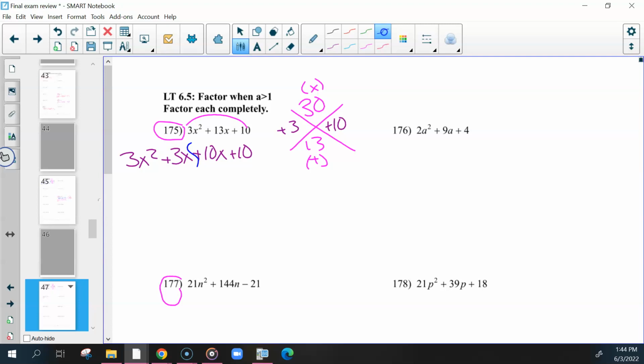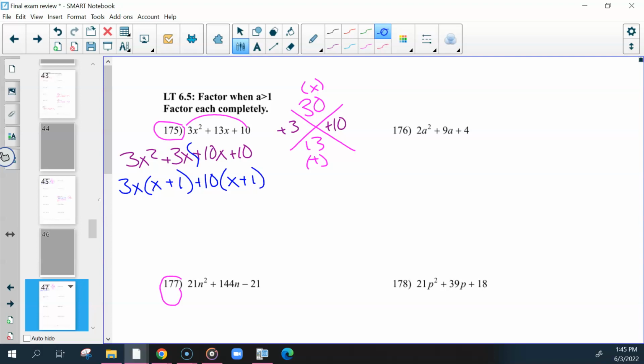These two I can take out or divide out a 3 and an x, which would leave us with x plus 1. The second two we could divide out a 10, which would leave us with x plus 1 again.